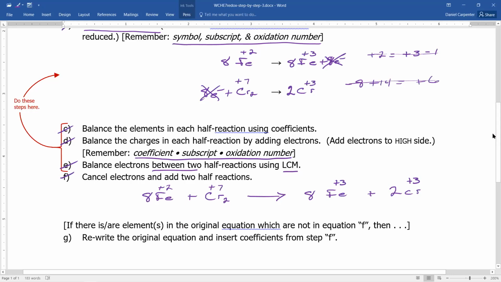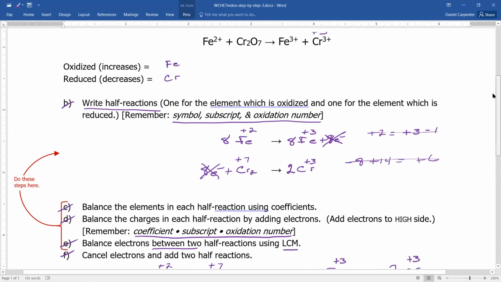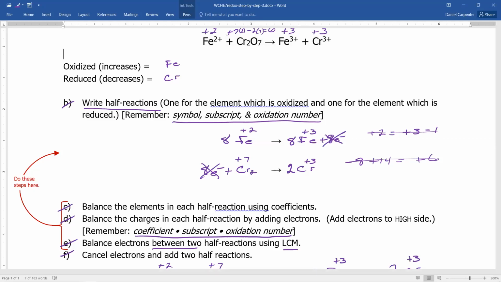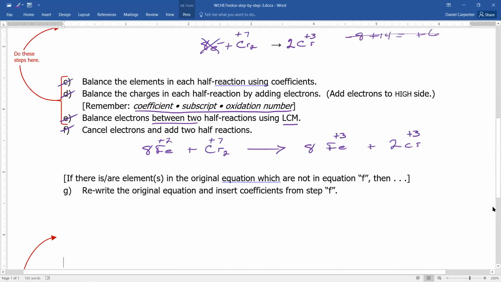Now we check our original equation. Was there anything in the original equation that's not in what we just wrote? Yes, we've got that oxygen. So we'll rewrite our original equation, or I will cheat and cut and paste. And then we'll, oh, I need some more space for coefficients.